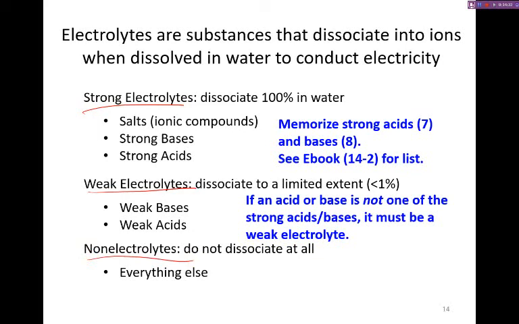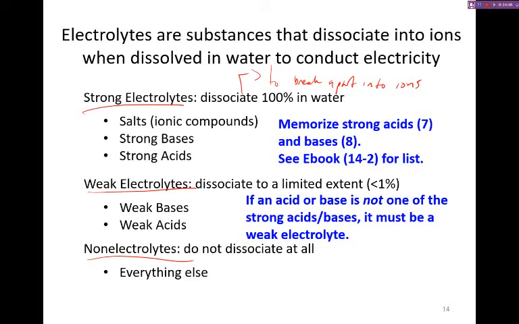Strong electrolytes are going to dissociate 100% in water. And remember what we talked about, the difference between dissolving and dissociating. Dissociate means that they're going to break apart into ions.